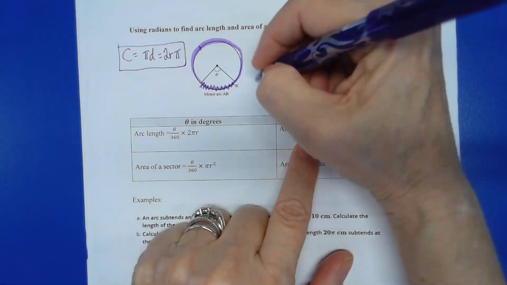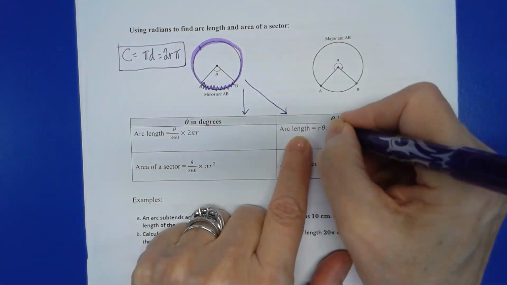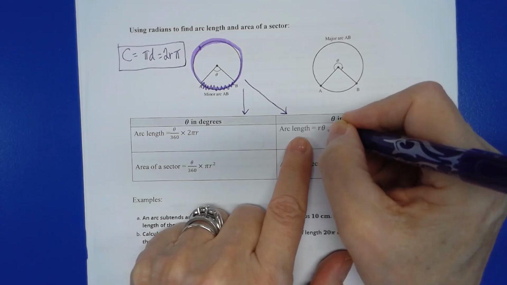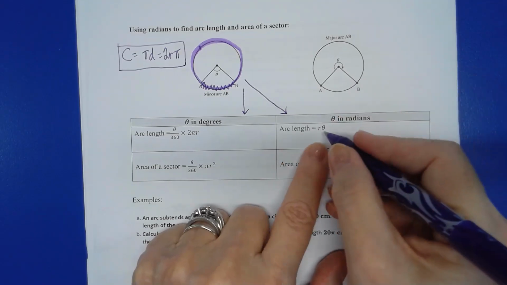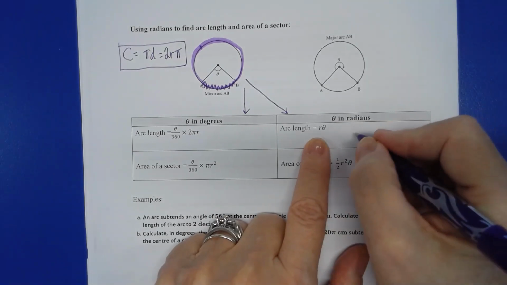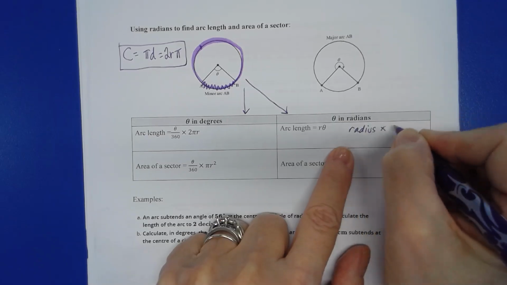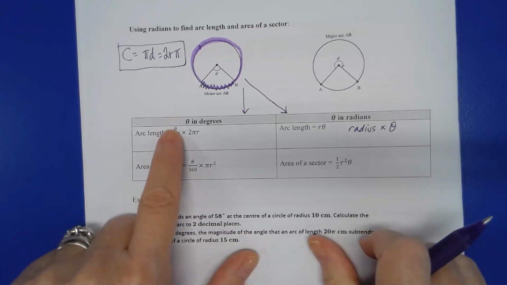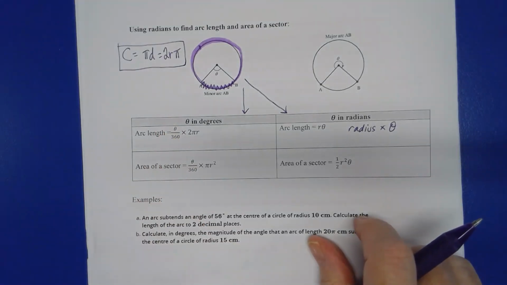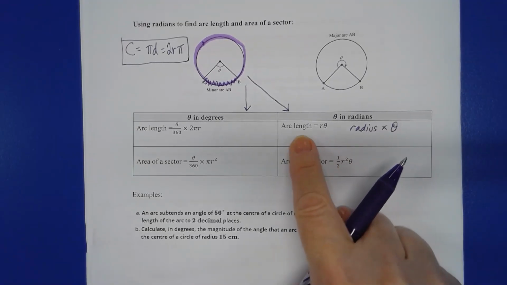If theta, same picture, is in radians, super easy, because I can just multiply the radius times theta. So I don't have to do this fraction nonsense. It's just theta times radius. So when I'm in radians, it's so much easier to find arc length.